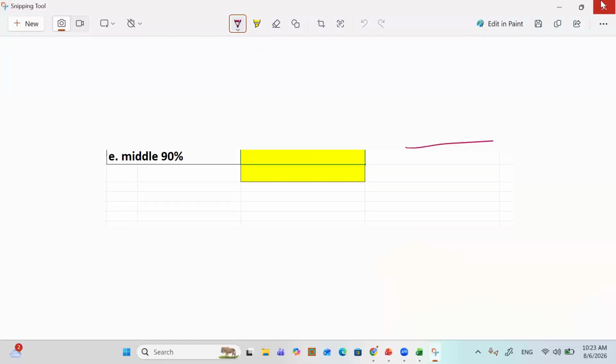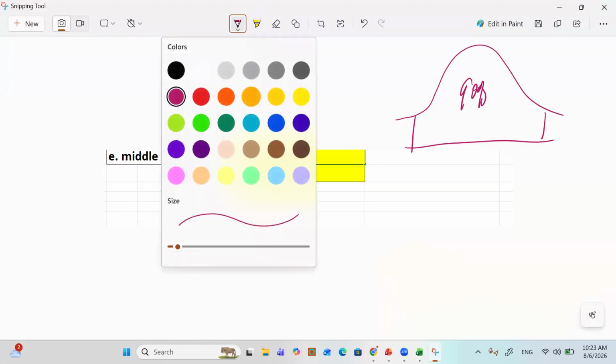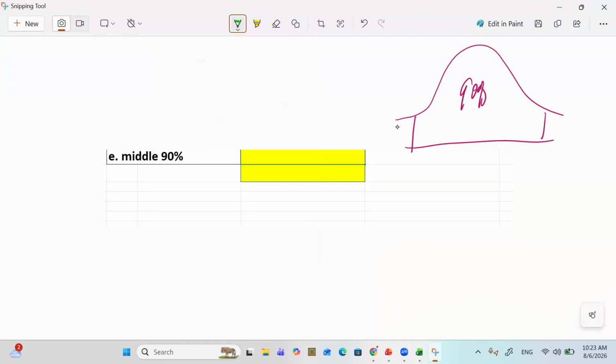Look at the middle 90%. It's 90%. So on each tail, that's 5%. And we want to know the z-score here, actually, just look for the x values.